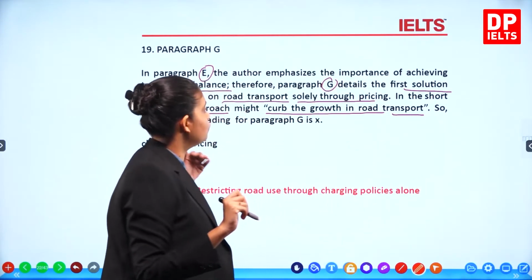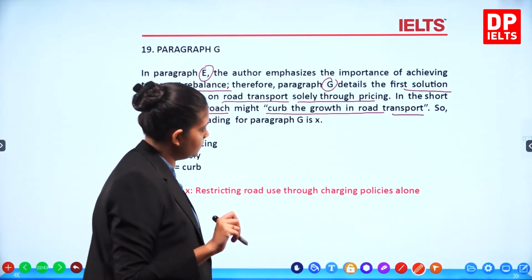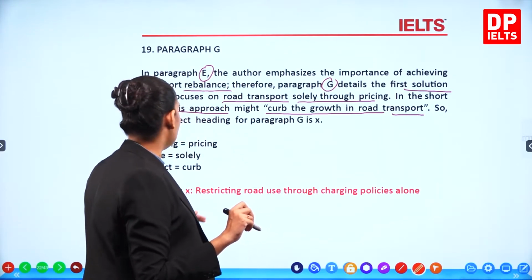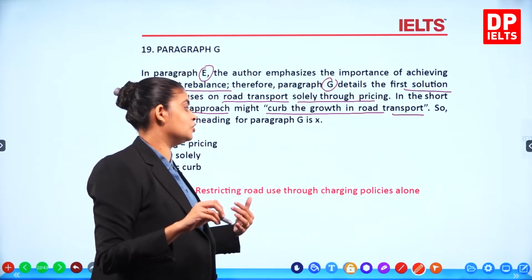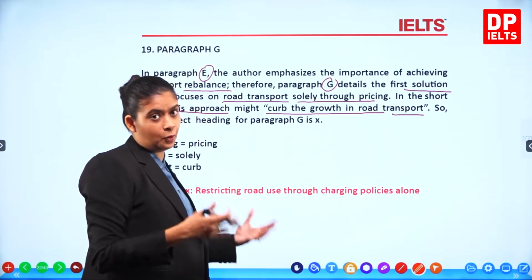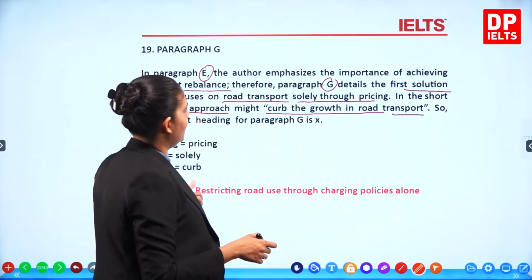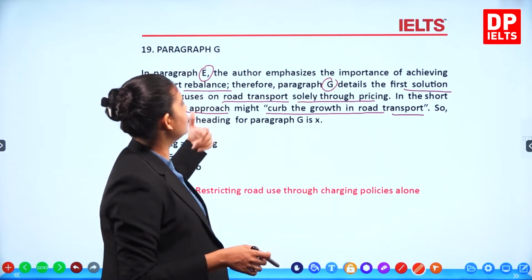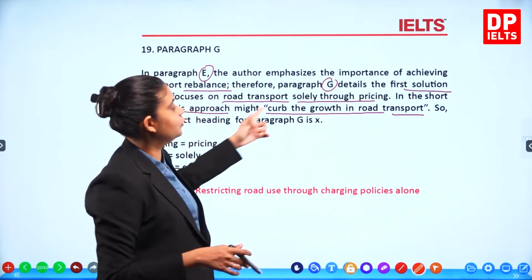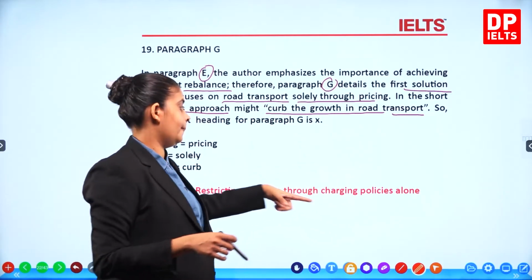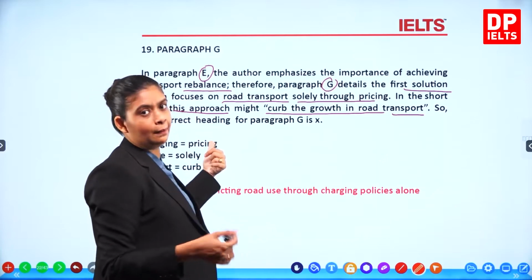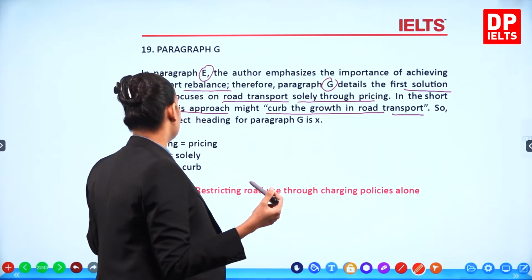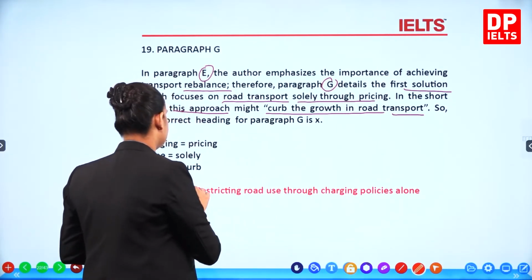Curb means restrict the growth of road transport. So, if you have a look at the headings, restricting road use through charging policies alone, that is what they are looking at. Solely focusing on road users through pricing. Okay. So, charging policy. Charging means that you ask them to pay, pricing. So, the most appropriate answer is 10.